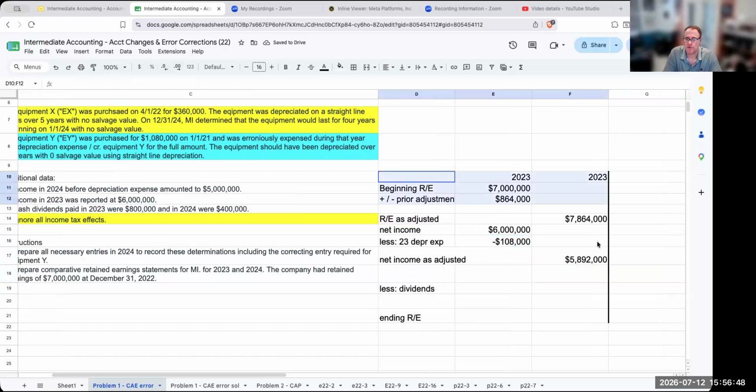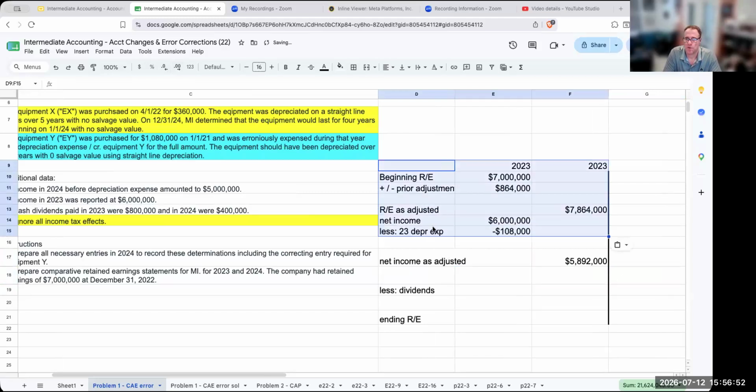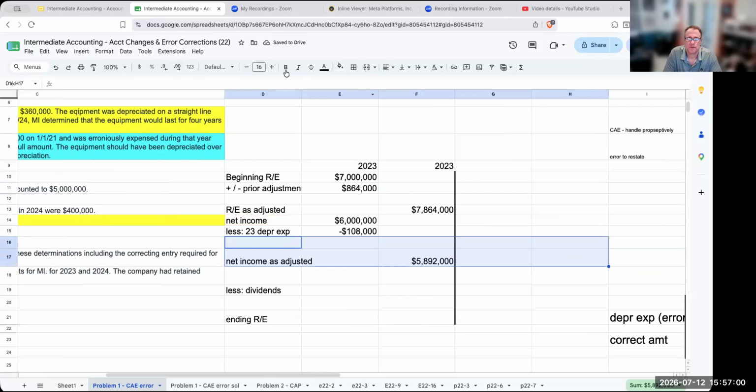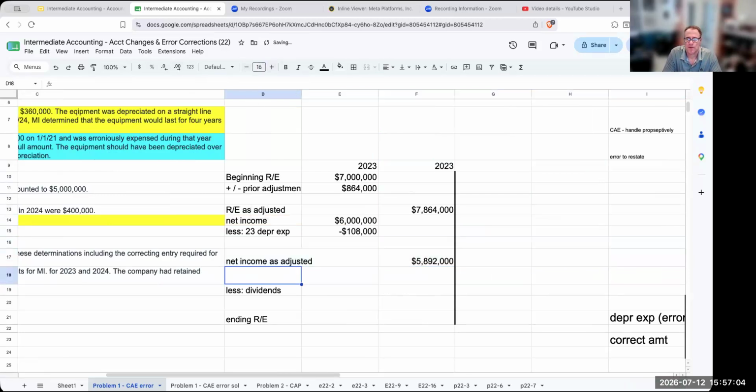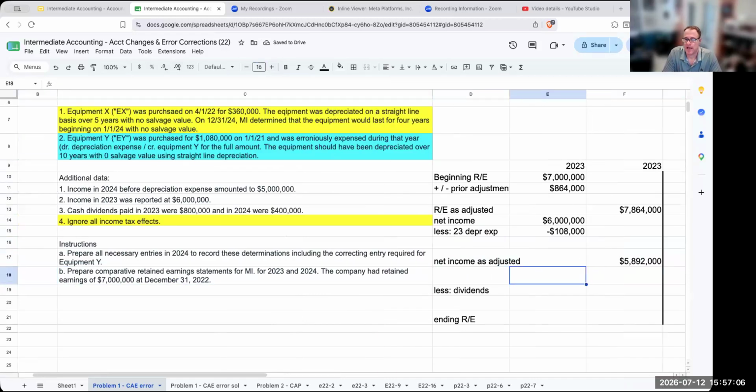Then I want to give myself just a little bit more room here for 2024. You'll understand why momentarily. So my net income as adjusted less my dividends in 2023, this over here is going to be 800,000.